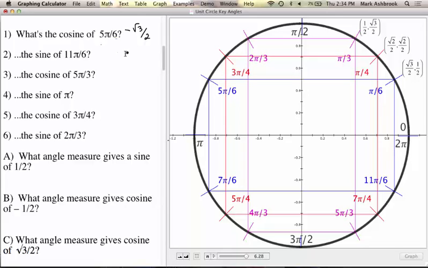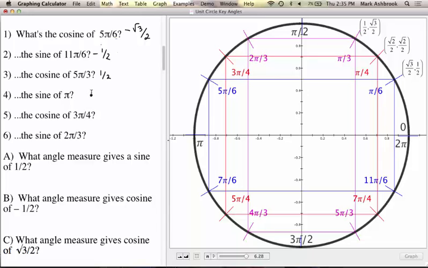She wants negative 1/2. Valerie, cosine of 5 pi over 3. Positive 1/2. Positive, right? That's what you want. Okay. Maddie, sine of pi. I said 0.